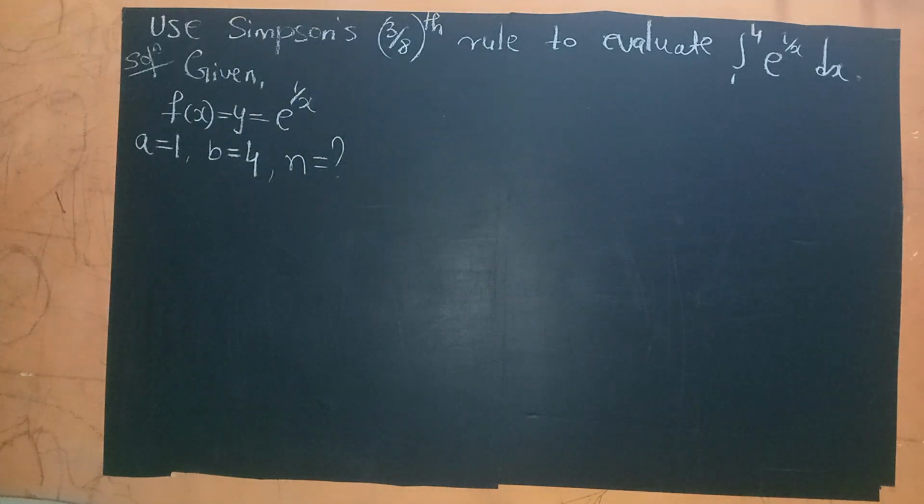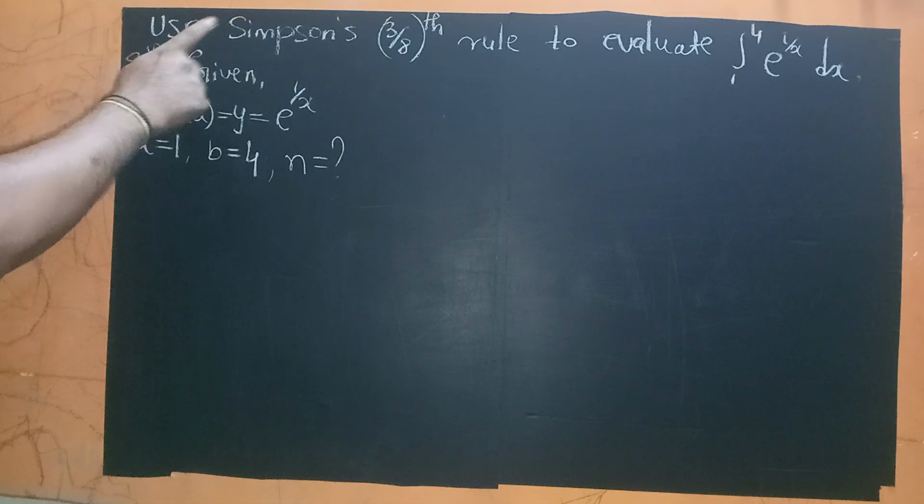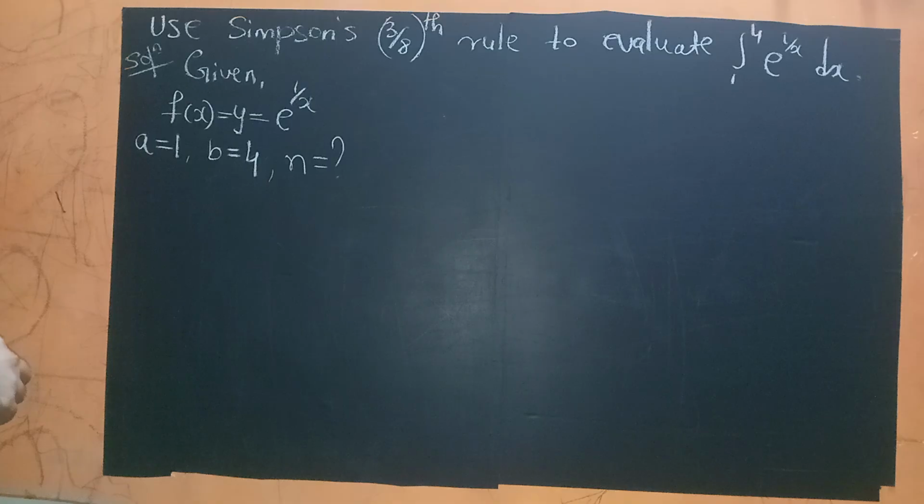n they have not mentioned. What is n? It means how many strips or intervals we have to divide 1 to 4 into. That they have not given. So whenever a problem comes like this, we should have the basic rule for Simpson's 3 by 8 rule, which I gave in the first lecture of numerical integration.